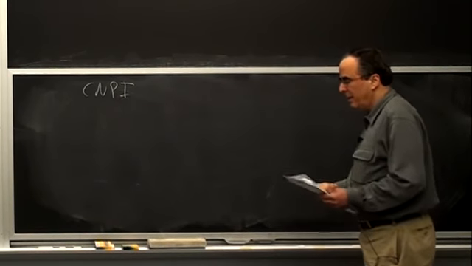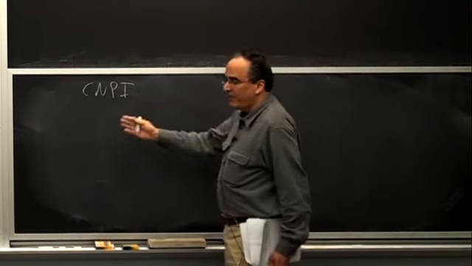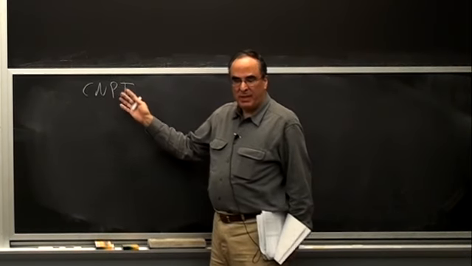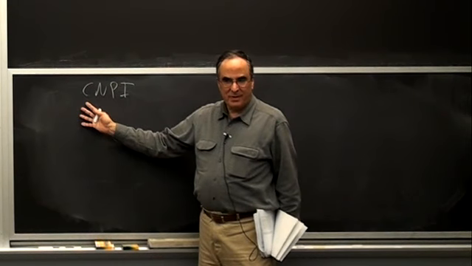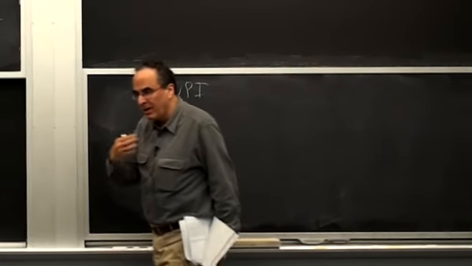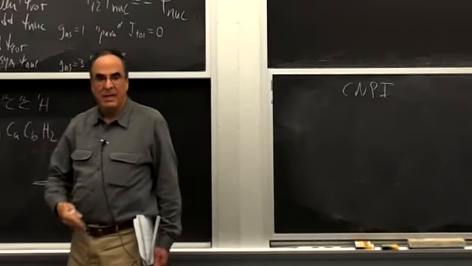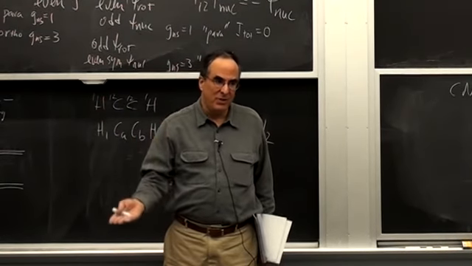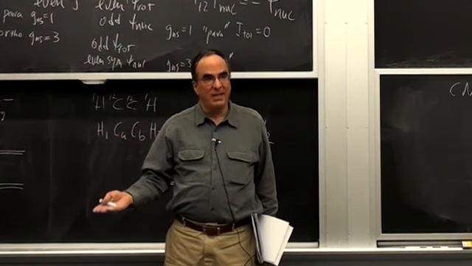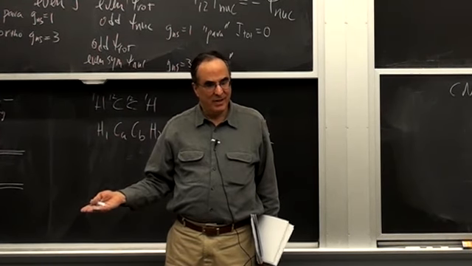The beautiful thing about CNPI is that it's based on rigorous symmetries. Group theory that we all learn, point group theory, is based on a fiction. It's based on the idea that molecules are rigid and frozen at their equilibrium geometry.